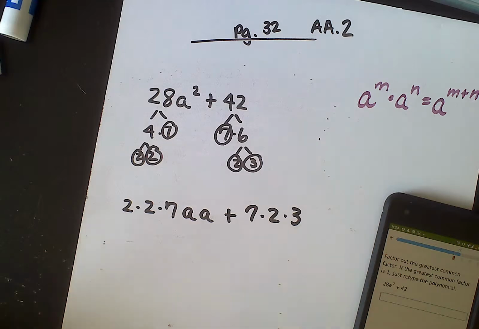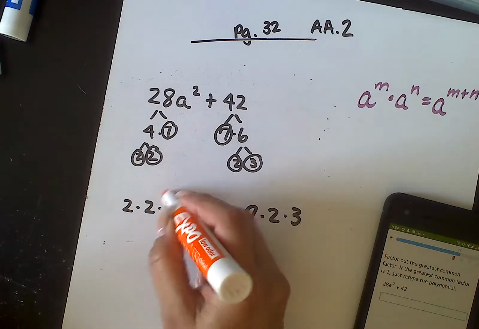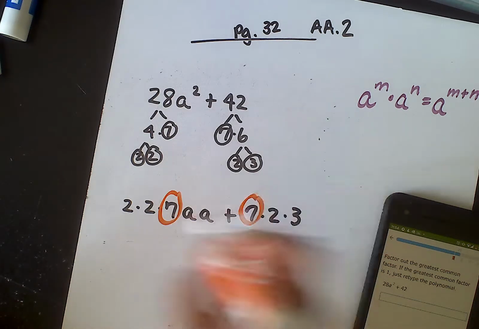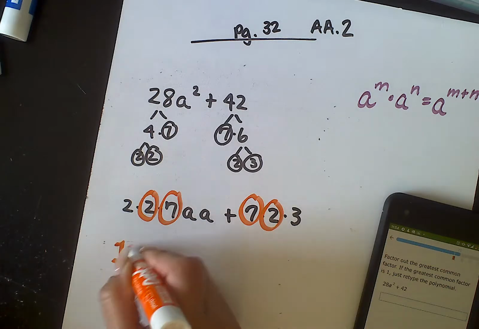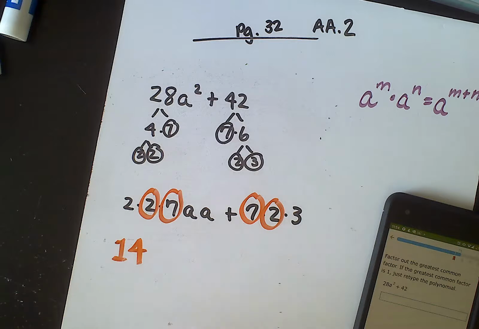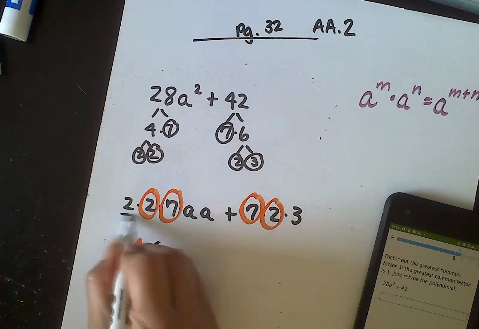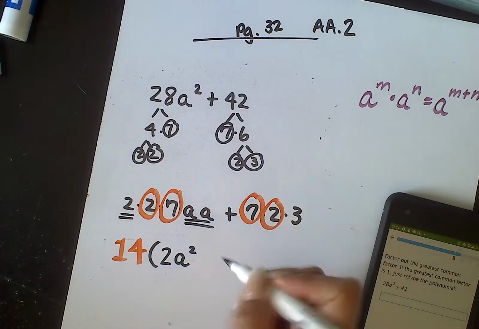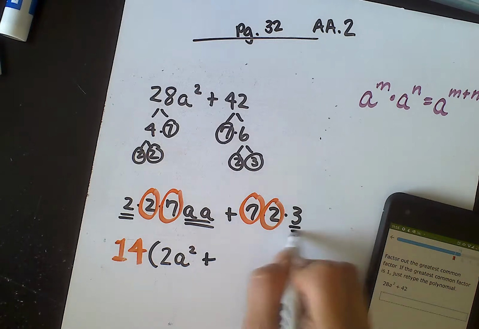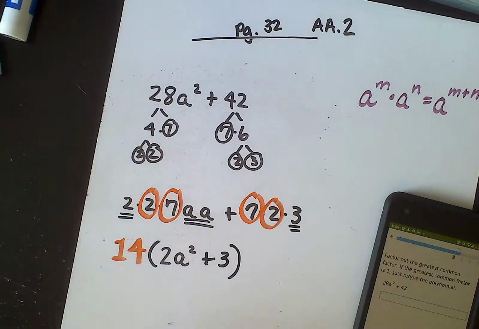So I have a 7 in common as well as a 2 in common, meaning my GCF is just 14. What do I have remaining? 2a squared plus 3.